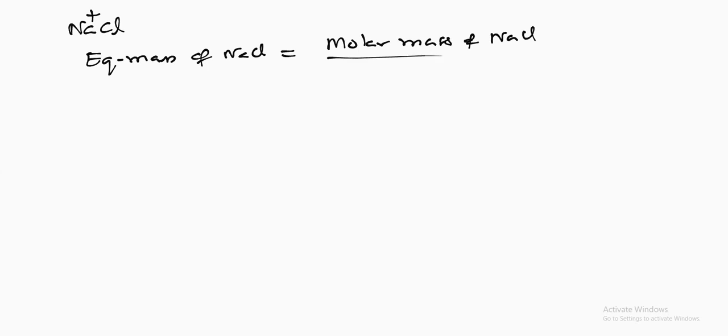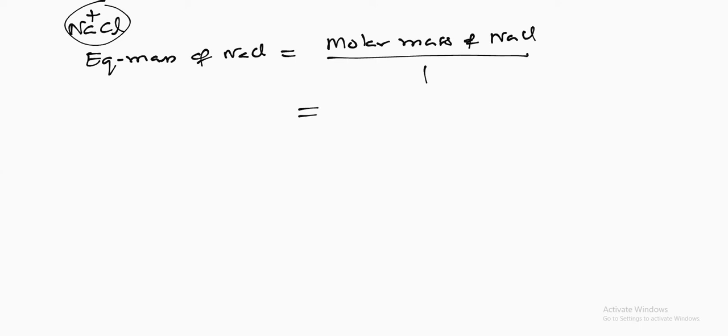So the equivalent mass of a salt is the molar mass of sodium chloride divided by the net positive charge present in 1 molecule. So divided by 1. In the case of sodium chloride, equivalent mass and molar mass are equal.